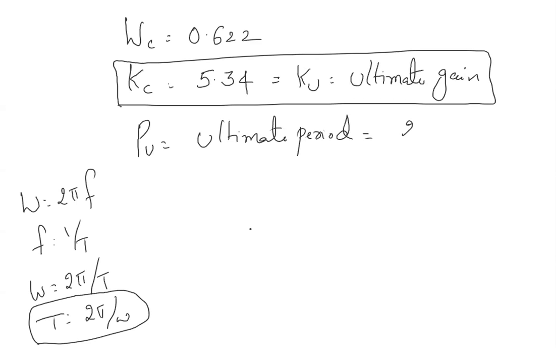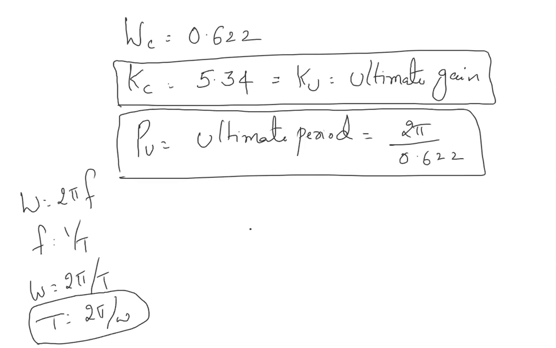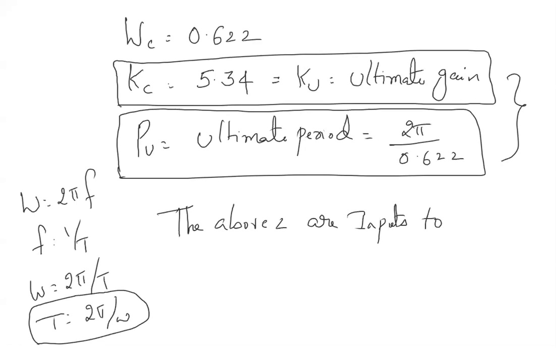So here 2 pi divided by 0.622. We'll call it the ultimate period of oscillation. The above two are inputs to Ziegler Nichols settings.